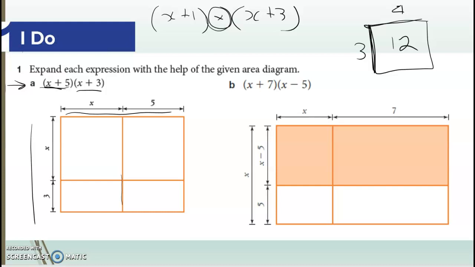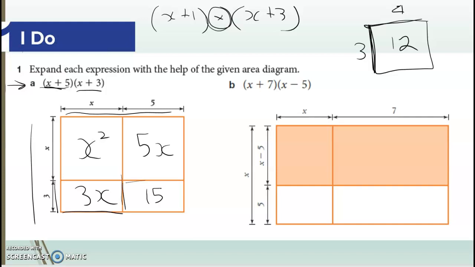So let's find each of these areas. X times x gives x squared. This area is 5 that way and x that way, which is 5 times x, which is 5x. This bottom one here is 3 times x. And then the last one is 5 times 3, which is 15.